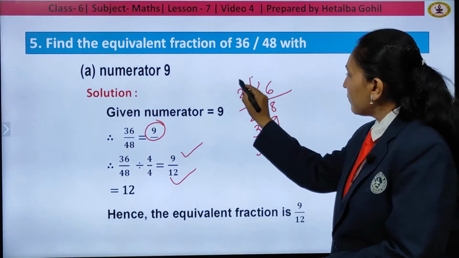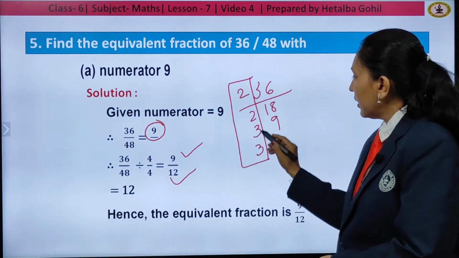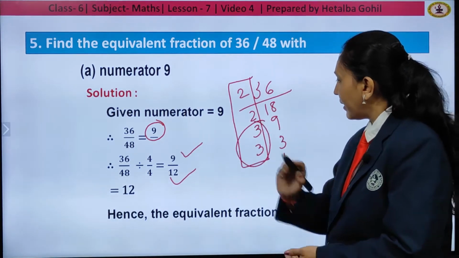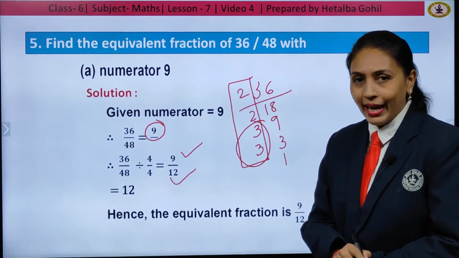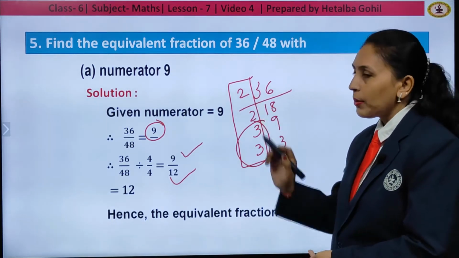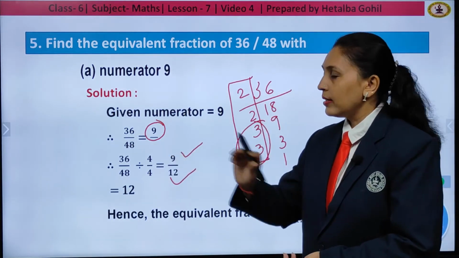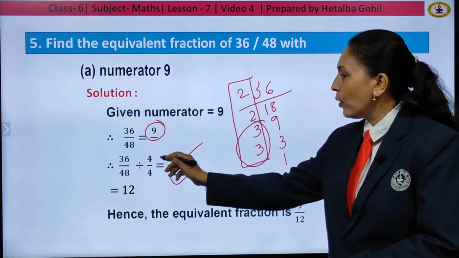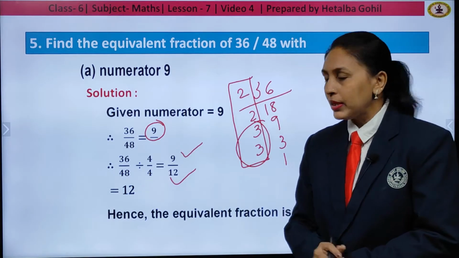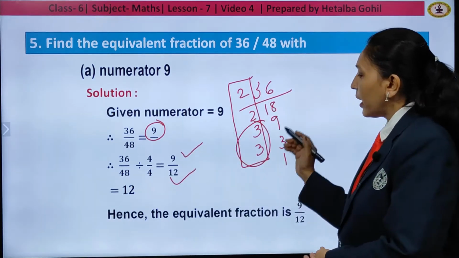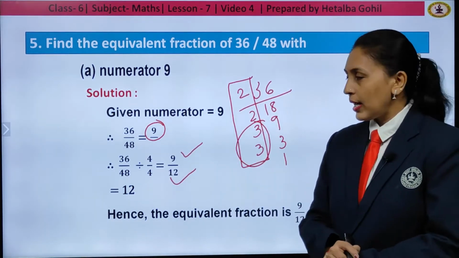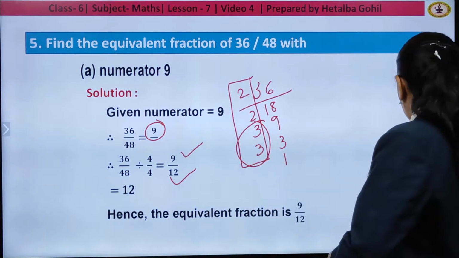So here the first column that we have here, you take this 9. 3 into 3, 9. Okay. Now which are the two numbers left? 2 into 2, 4. So you will get the answer here 4. So if you don't know how to get the number to be divided or multiplied, you can use this method of prime factorization and get your answer.